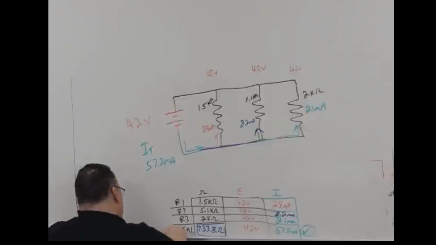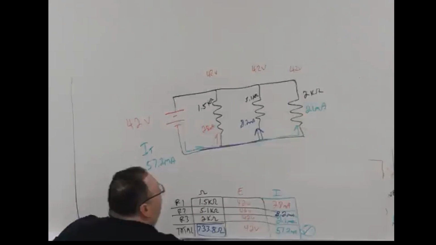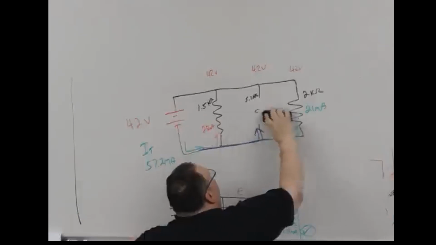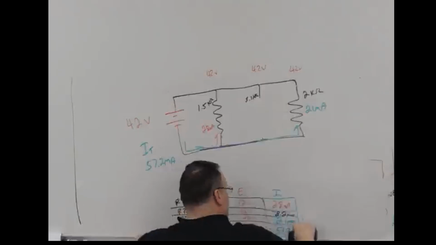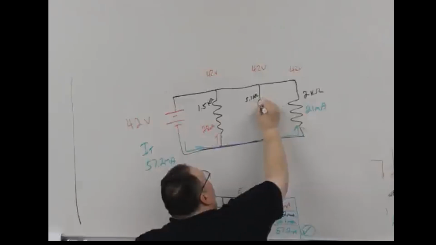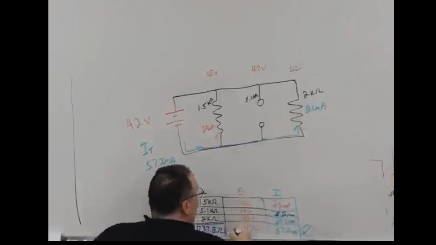So now that I know the current flowing through each branch, if I get an open, what is going to happen to my total current or my branch currents? If I have an open, I will have no current flow.